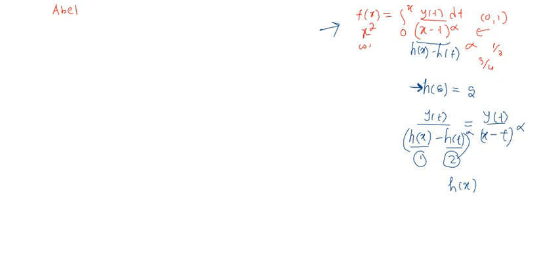So in the range of integration, we will be considering the range from a to b, and in that range the function h of x should be monotonically increasing and differentiable. There is one additional condition, but these are some of the conditions which this function h of x will have to satisfy.